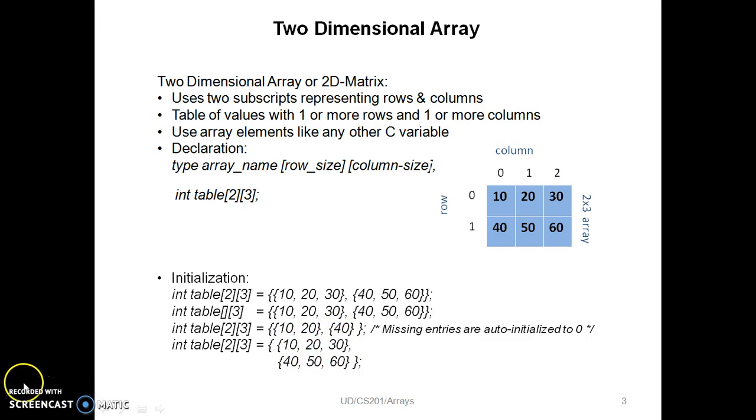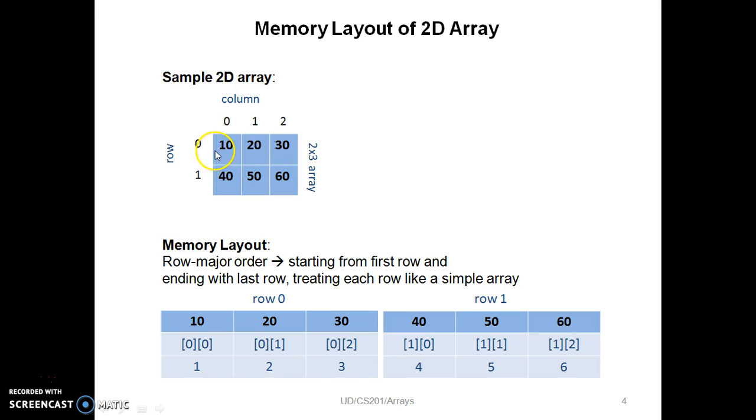So this is indicating the first row, this is indicating the second row, and these are the individual columns. So for the array we just checked, this is indicating the first row, and in memory it should be stored like this, and the second row will come immediately after that, and within the row the columns will all be arranged sequentially. So this is our row major ordering.